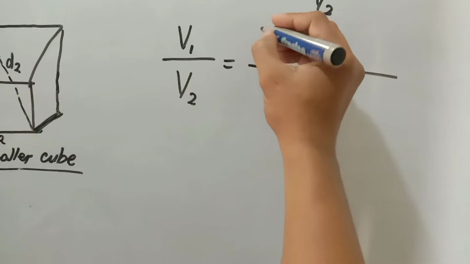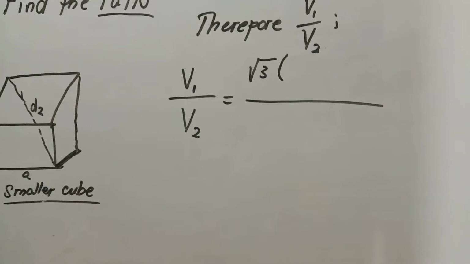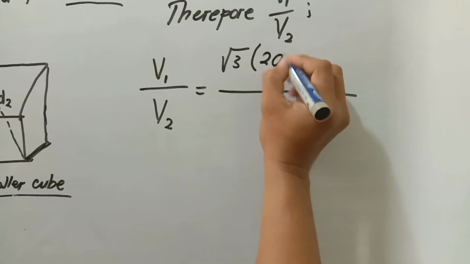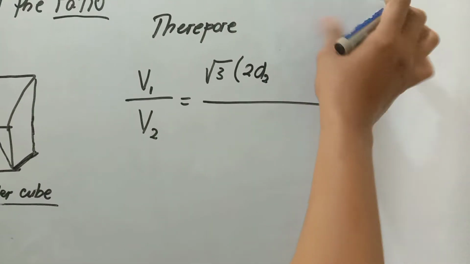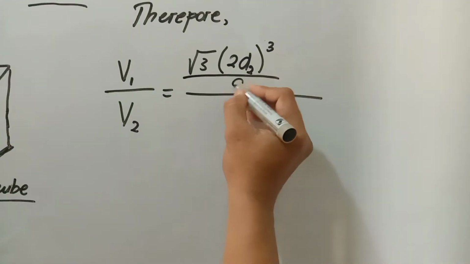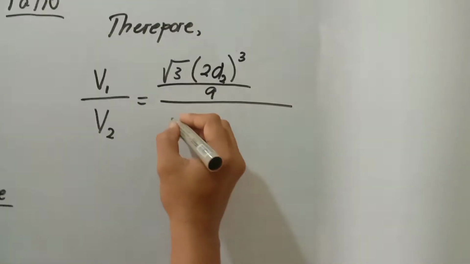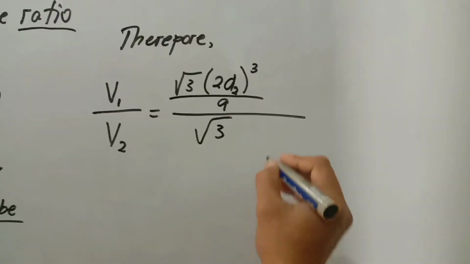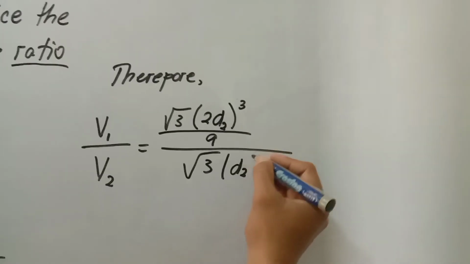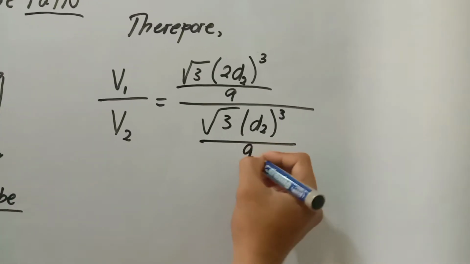Square root of 3 times 2D2 cube over 9, all over square root of 3 times D2 cube over 9.